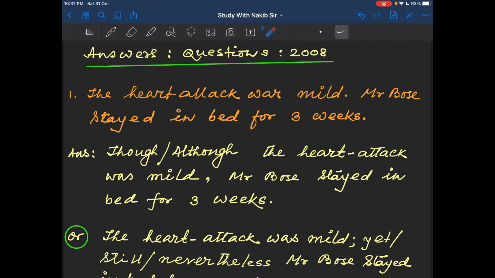Before going to the answer, I want to tell you something. Joining of sentences is a work which is done on 2 levels of activities. Number 1, mental or intellectual level, and number 2, mechanical level. With your intelligence and logical sense, you are to find out a connection or a relation between the 2 given sentences.